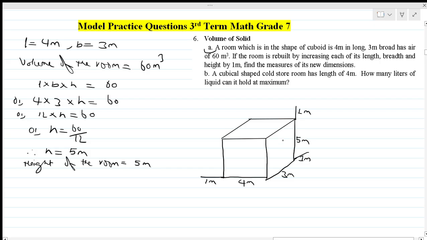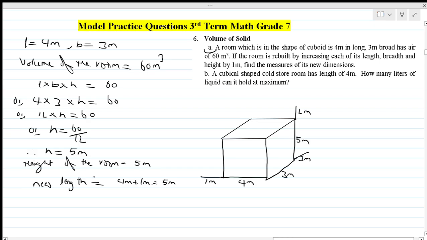Length, breadth, and height are each increased by 1 meter, so we can find the new dimensions. The new length: first it was 4 meter, now 1 meter added, so 5 meter. It could be done on both sides, but it's not said that the dimensions are increased on both sides, so we consider an increase on one side.